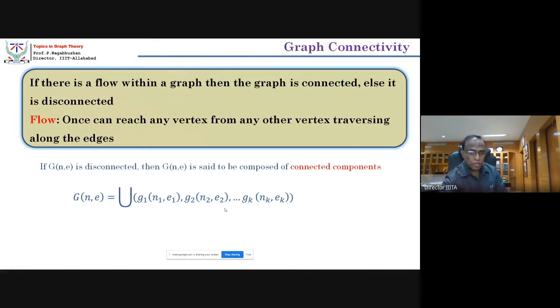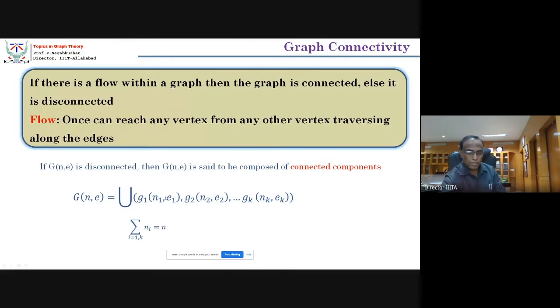All right. Then n1 plus n2 plus so on up to nk. Sigma ni is equal to the total number of vertices in the graph, so n is equal to sigma ni. That's the total.